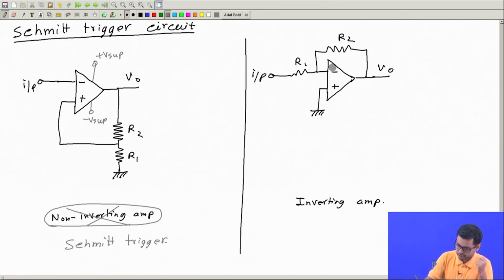Similarly, here also if you make this opposite, make this minus, make this plus, this will no longer be an inverting amplifier, this will also become a Schmitt trigger.